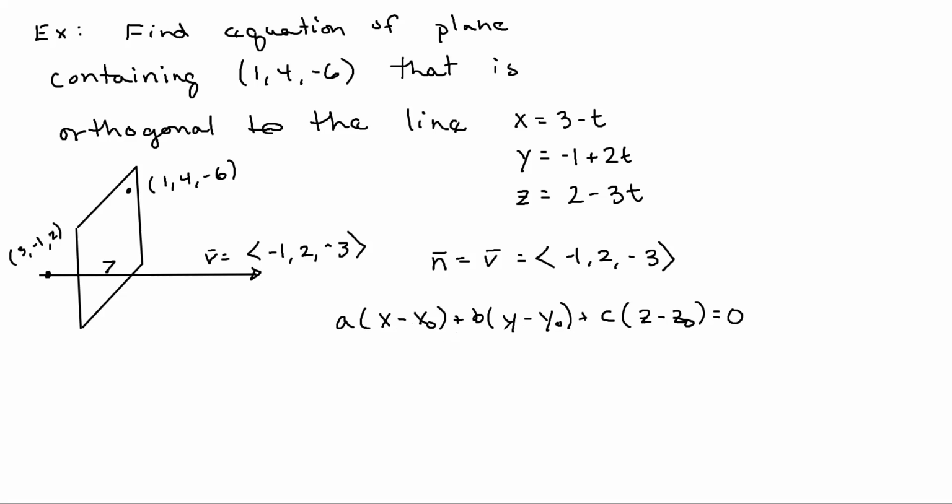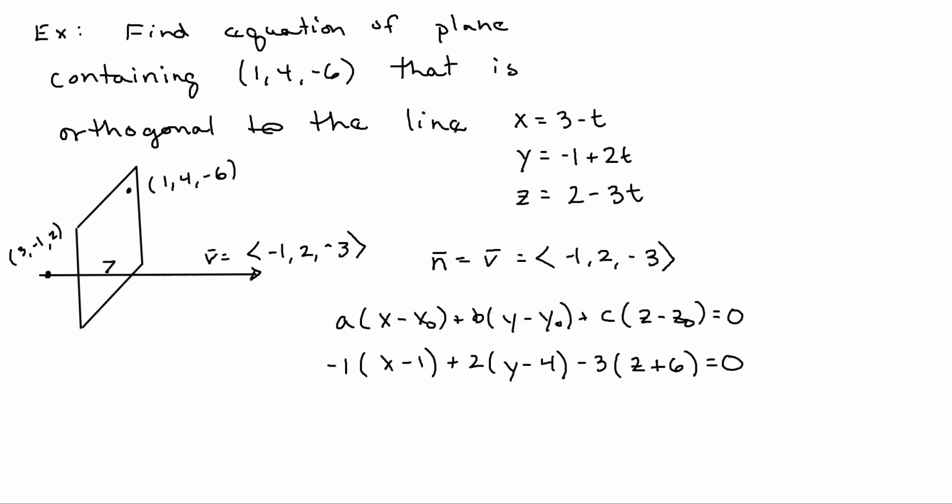And then just take the normal vector and the point and plug them in. So a is going to be -1, x minus 1, b is going to be 2, y minus 4, c is going to be -3, z minus -6, which is going to be z plus 6, equals 0. And there we go. We have our answer.